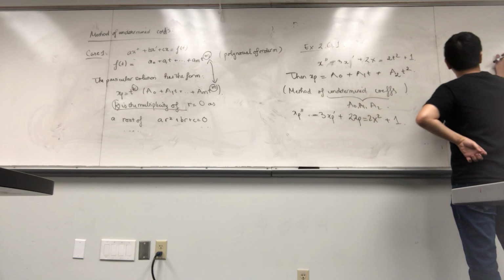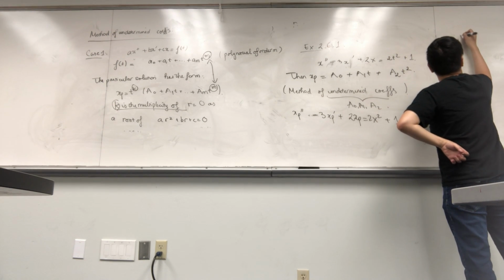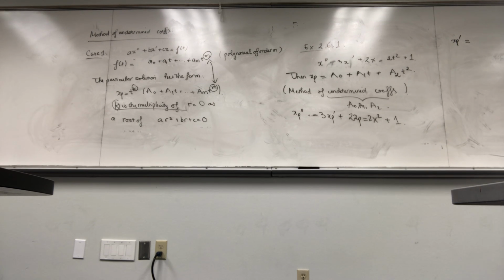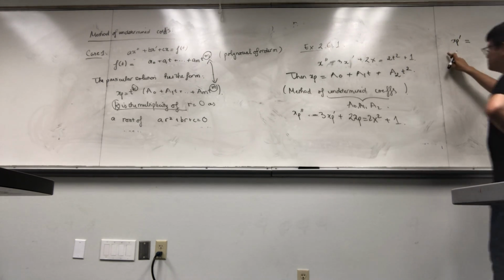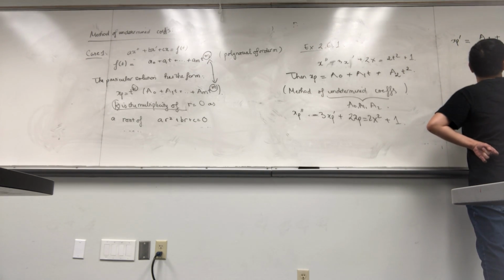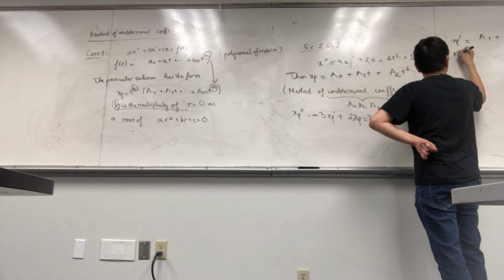So now what is xp prime? It's a1 plus 2 times a2 times t. So xp prime will be a1 plus 2 times a2t. Now what is xp second?